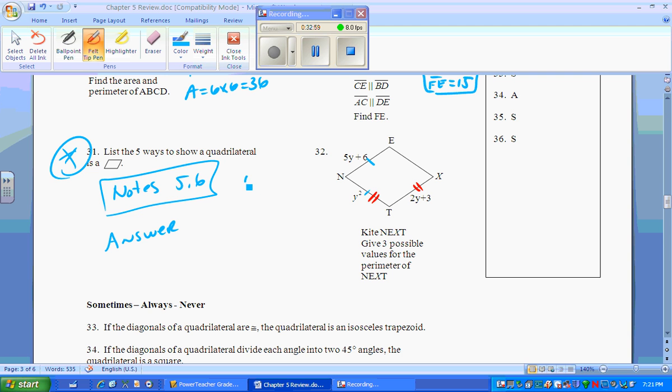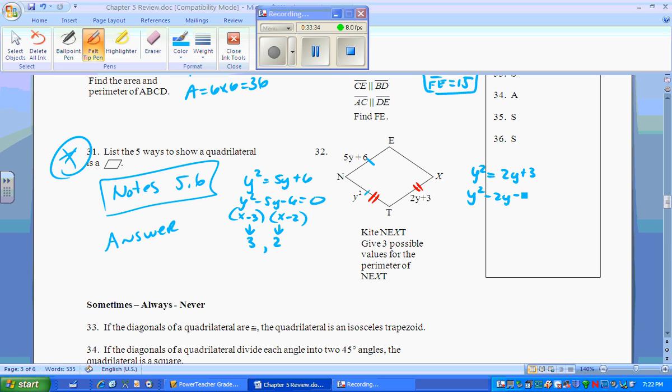So one way we can say, hey, y squared is equal to 5y plus 6, and factor y squared minus 5y minus 6 equaling 0. So this way, we have x and x. We can get negative 3 and negative 2. So this answer is 3. This answer is 2. Or over here, we can get y squared is equal to 2y plus 3.